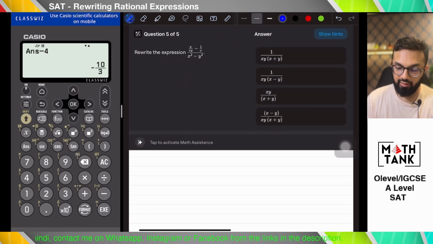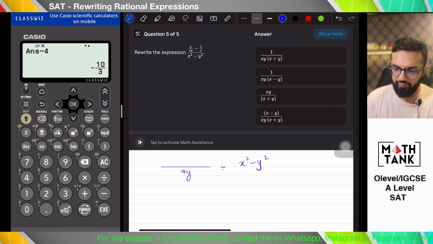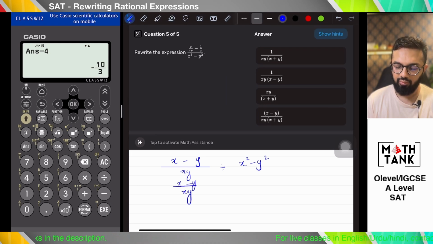Okay, more complicated expression on the way. I'm taking the common denominator in the numerator, so that's xy divided by 1 divided by x square minus y square. Okay, so this becomes x into x minus, no, not x into x. The common denominator is y, so x minus y in the numerator divided by x minus y into x plus y.